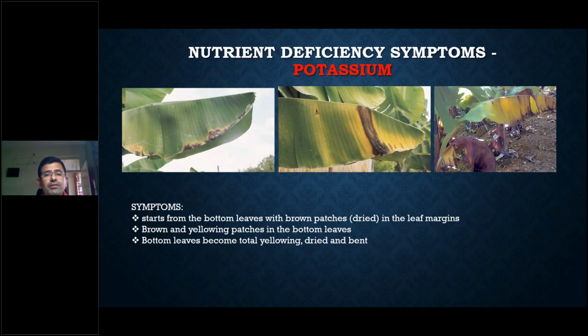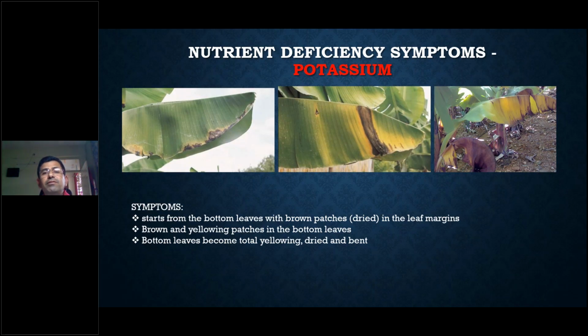Generally, potassium deficiency starts from the lower leaves, with marginal dryness and blackish dry patches. That is the initial symptom. From that time itself, you have to take a step and give more potash, or go with SOP in the fertigation schedule, or do an SOP or 13:0:45 multi-K spray at the rate of 10 grams per liter of water if you find that initial symptom.